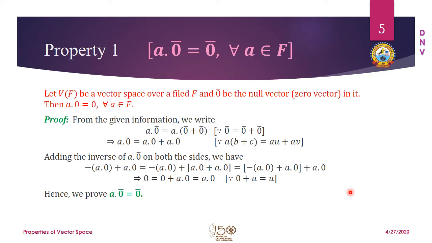The first property we are going to take is the existence of the zero vector, which when multiplied by a scalar a gives the zero vector itself.